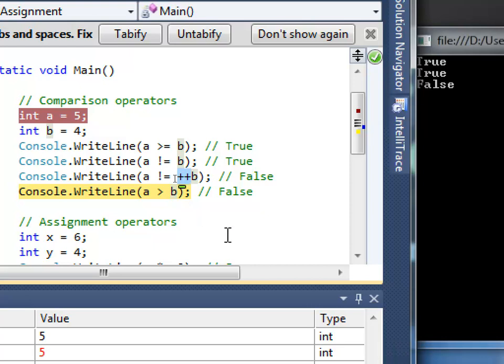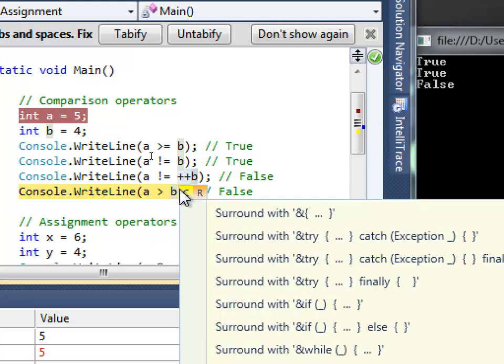So after this line, the value of B is already changed. We can see that B is now 5. So it doesn't matter that it is inside the right line. Once you have this in any operation or in any other statement, it changes the value of the variable itself. So on the next line, B is already changed.